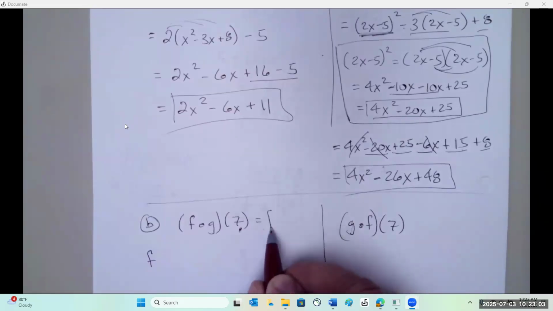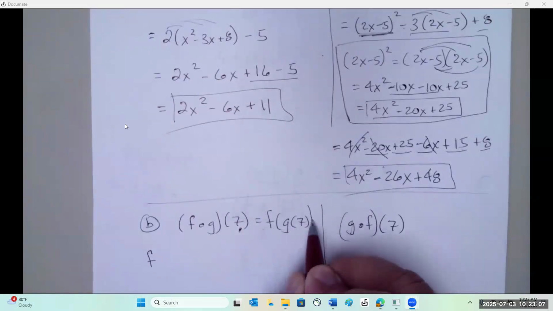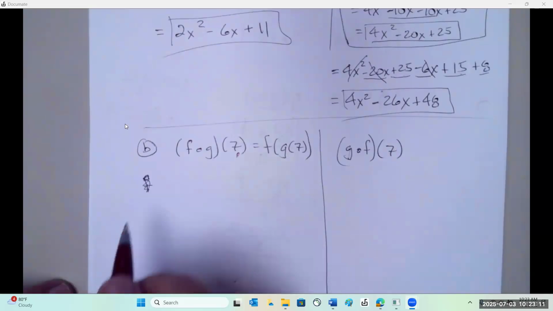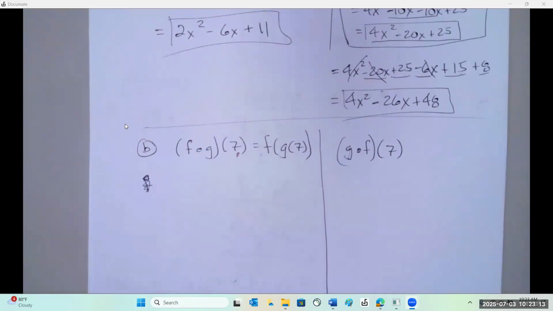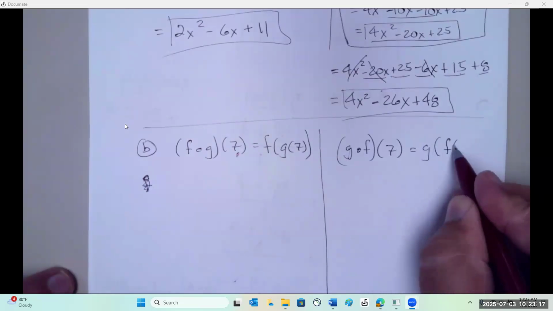So what this is saying is f of g of 7. And this other one is asking for g of f of 7.